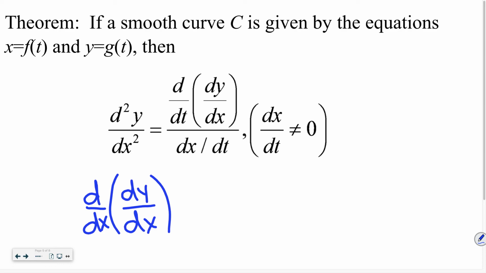We have to break this d/dx up. We have to take d/dt of dy/dx, but then that leaves that dx alone. So we have to divide by dx/dt so that the dt's can cancel and you're left with d/dx of dy/dx. We already found dx/dt, so we just keep it the same. Yes, I got you.